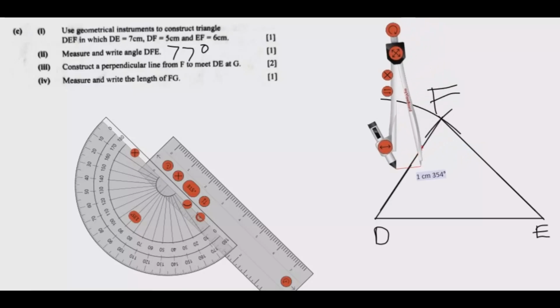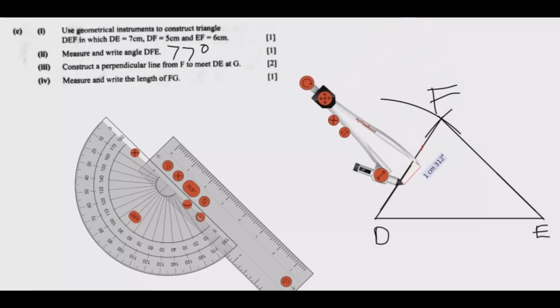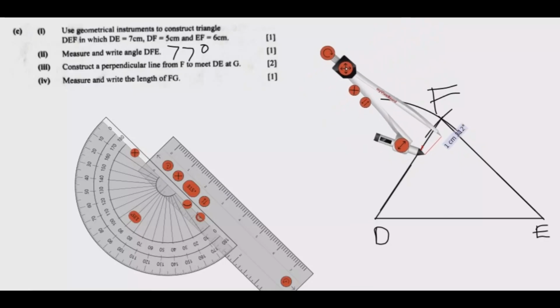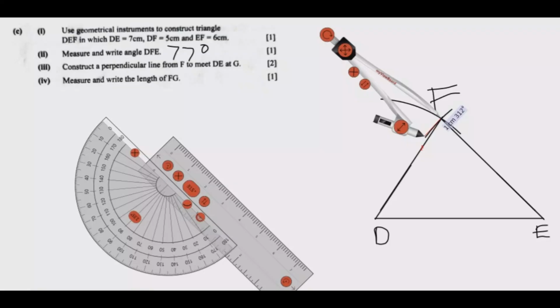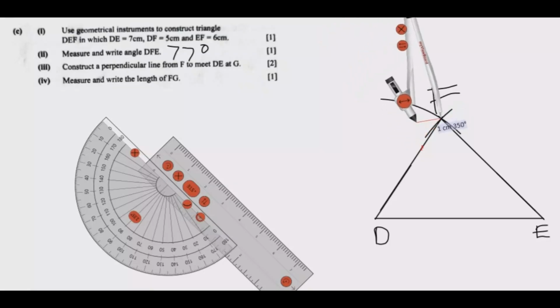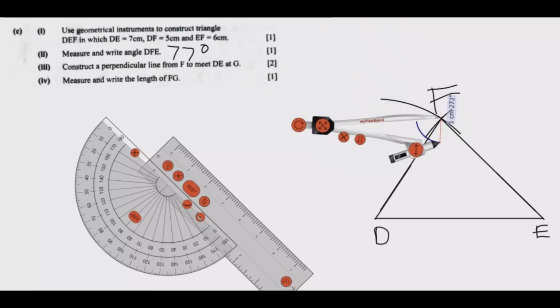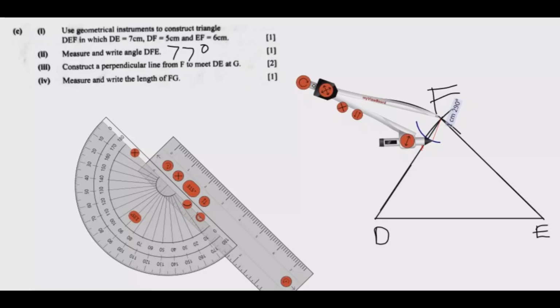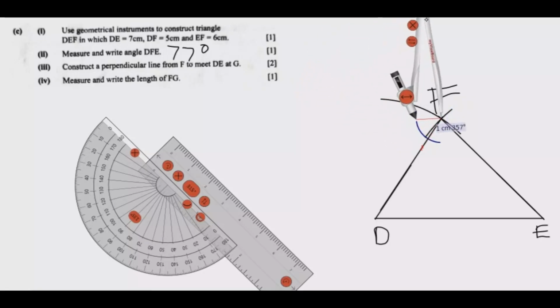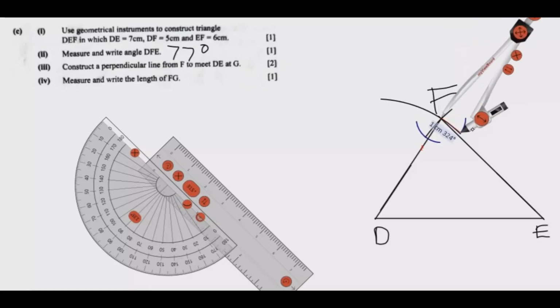Then I'm going to draw the arc here, which is going to come down like this. Then again I'm going to lift this and swipe again, and draw the arc down here like this.